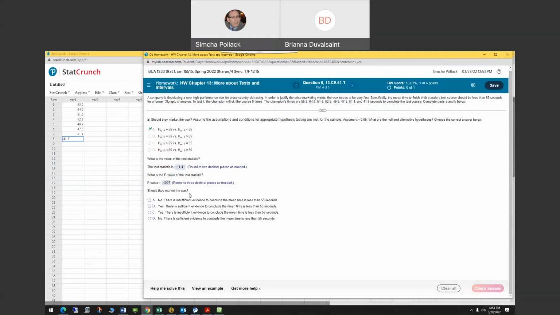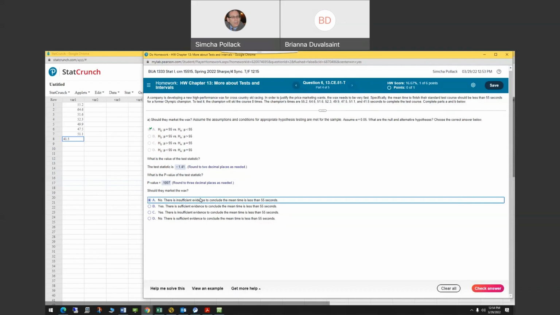Now remember the rule: if the p-value is lower than the alpha we started with, which is 0.05, that means you reject the H0. In this case, the p-value is bigger than 0.05. So no, there is insufficient evidence that the mean is less than 55. That's the right answer.